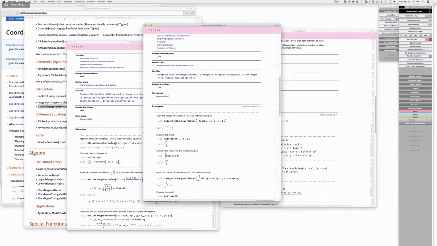I'm not even going to ask what happens in change of variables with respect to constants of integration. Clearly, Integrate change variables for an indefinite integral might give you a mathematically different object, correct, because of the change of the constant of integration. Am I making sense? Yes, I agree with that.